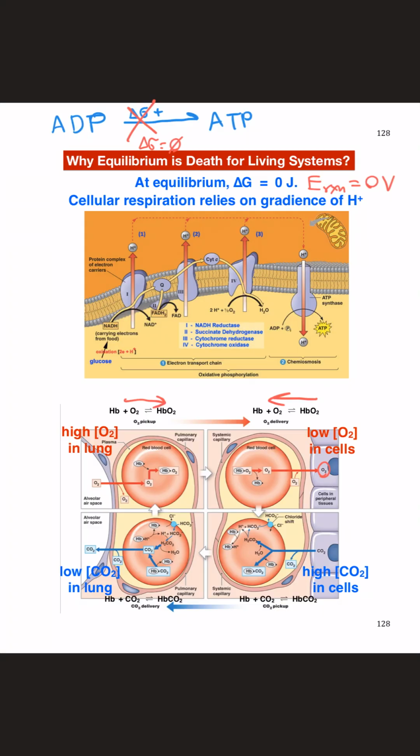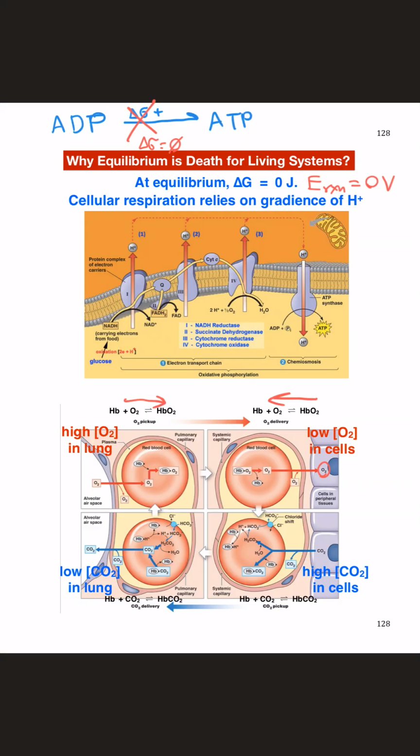Okay, so what else happens here? Well, because in the cell, according to cellular respiration, the byproduct is carbon dioxide, the concentration of carbon dioxide in the cell would be high. Therefore, the high concentration of carbon dioxide can also react with hemoglobin to form the hemoglobin carbon dioxide complex.